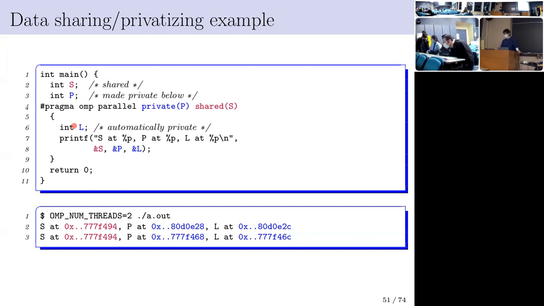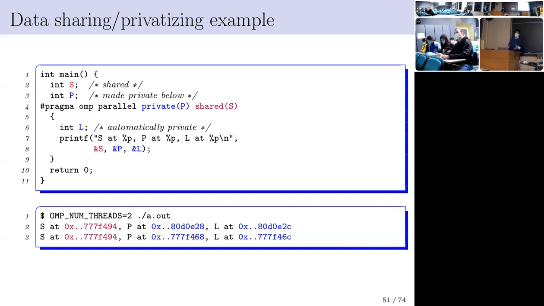On the other hand, this seems pretty obvious, I hope: if another variable is declared inside this parallel pragma, then the default behavior is that it's always local to each thread. So there's no way you can share what you assigned to this variable among threads.